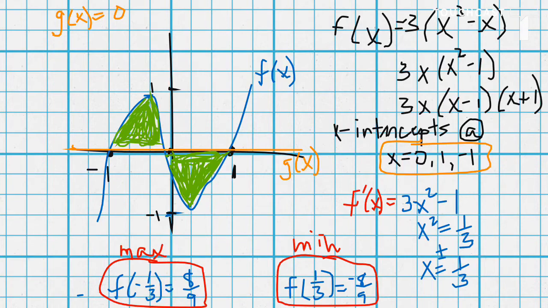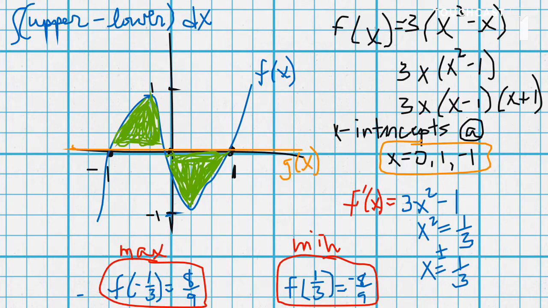Okay, so now, again, I still want to use the same strategy, which is I'm going to take the integral of the upper curve minus the lower curve. But I want you to notice on this one that that changes as I move along the graph.